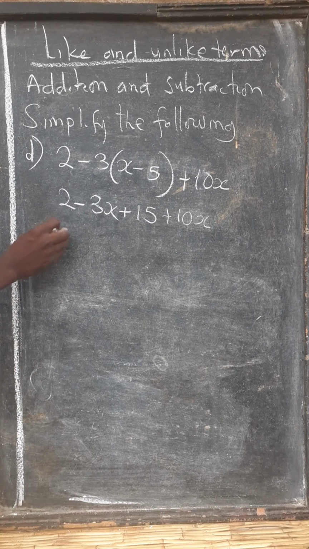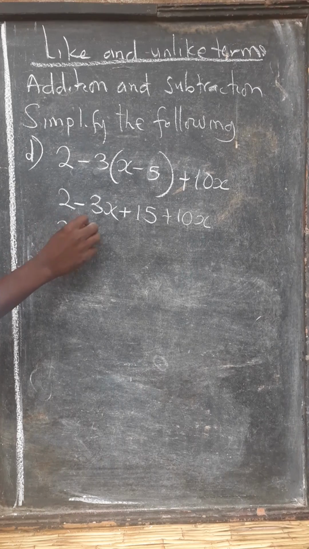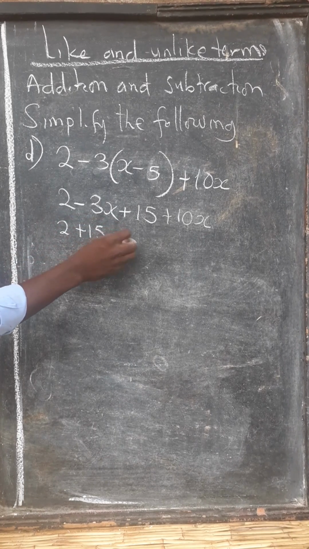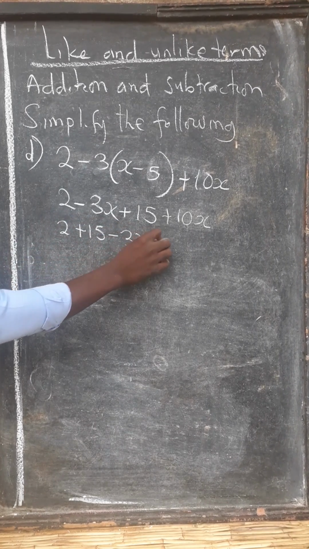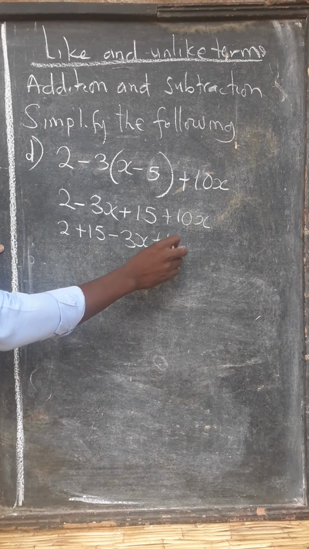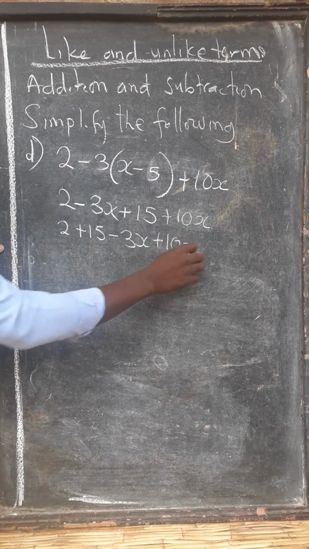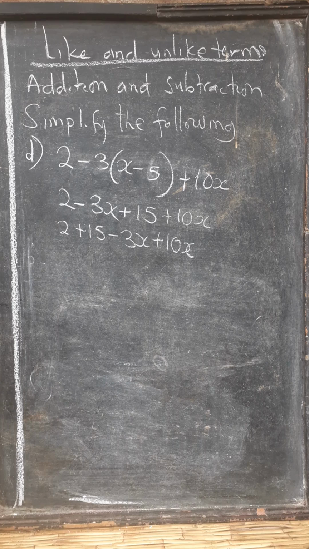So here we're going to have 2 plus 15 minus 3x plus 10x. At this point, I said this topic requires a person who has appreciated integers, addition and subtraction. So I'll still be bringing those concepts here and there.